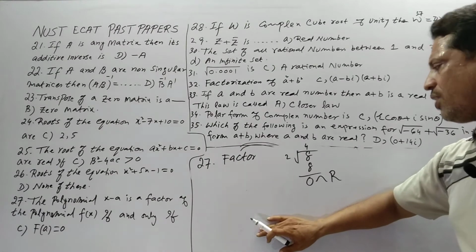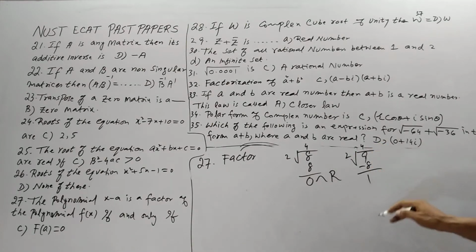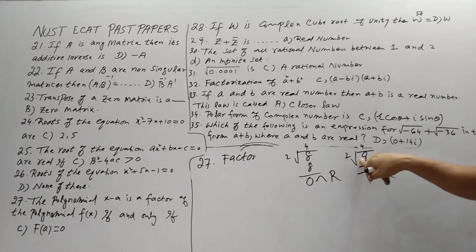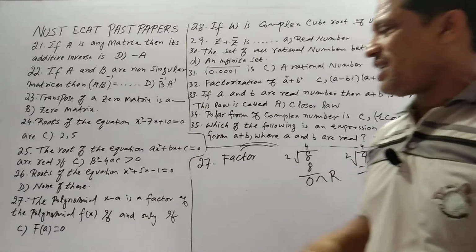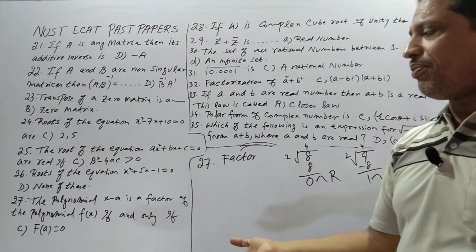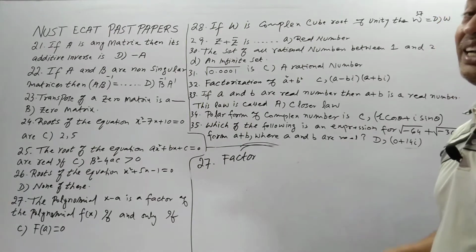Both are the same. For example, if we have 9 and we are dividing by 2, 2 4s are 8, 9 minus 8 is 1. In this case, the remainder is 1. Therefore, 2 is not a factor of 9. So the polynomial x minus a is a factor of the polynomial f(x) if and only if the remainder is 0.